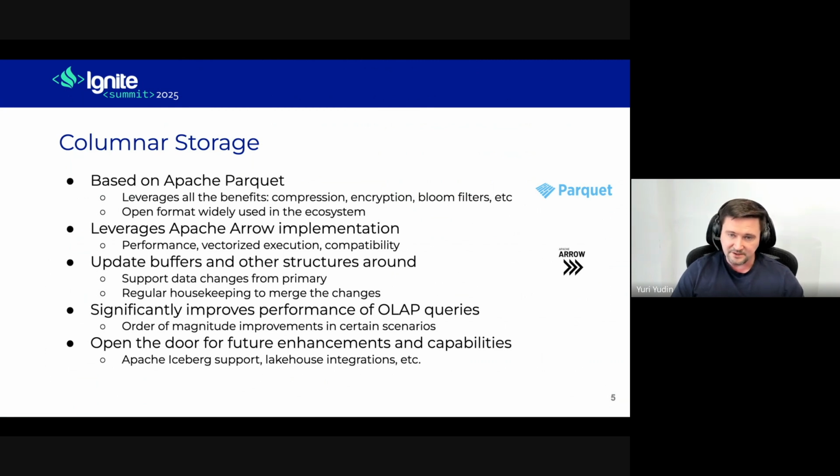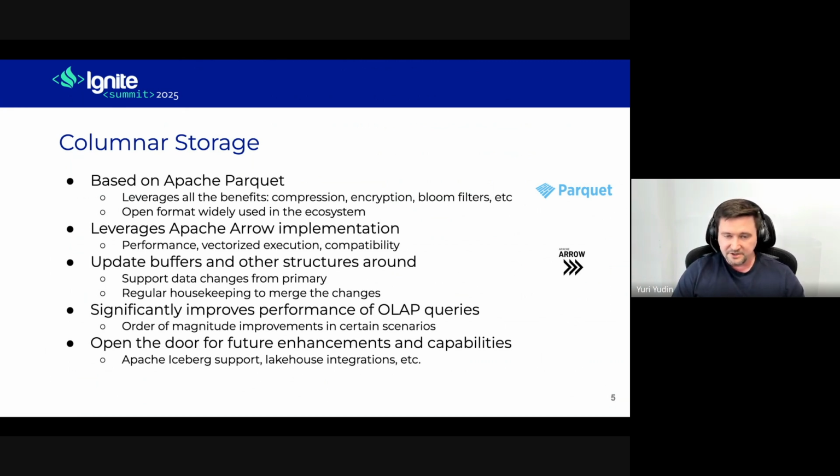So we also base it on the industry standard and open source Apache Parquet implementation, leveraging all the benefits this format brings: efficient data compression and encoding algorithms, predicate pushdowns, embedded metadata, column level statistics, support for complex and nested data structures out of the box. And last but not least, since it's an open format and widely used across the ecosystem, it introduces a good level of interoperability between GridGain and other systems as well.